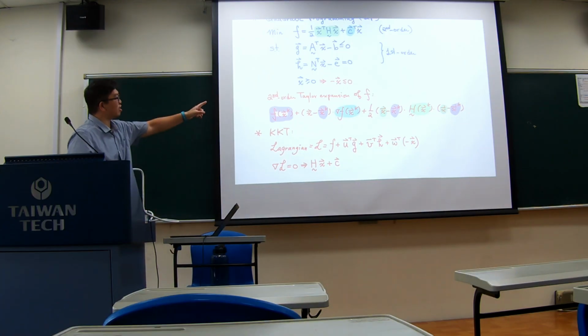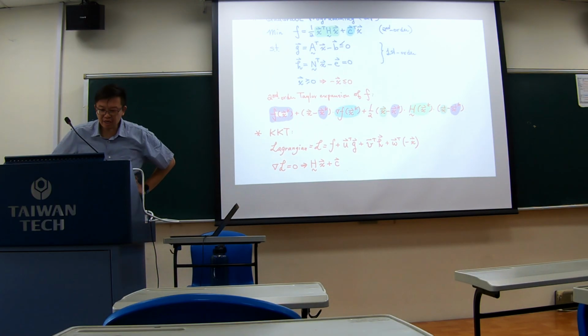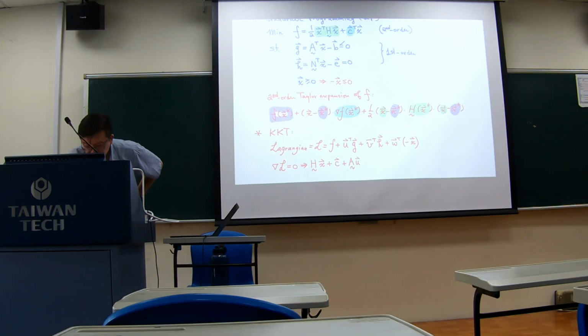That would be the gradient of that, right? The gradient of g ends up with A, so it's a matrix times u, plus the gradient of h. So you end up with a matrix N times v.